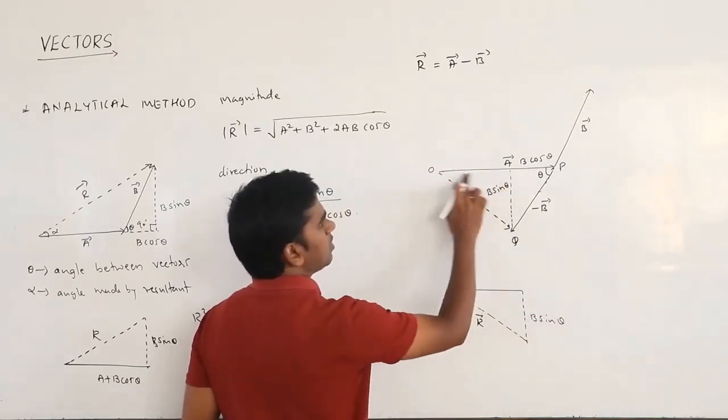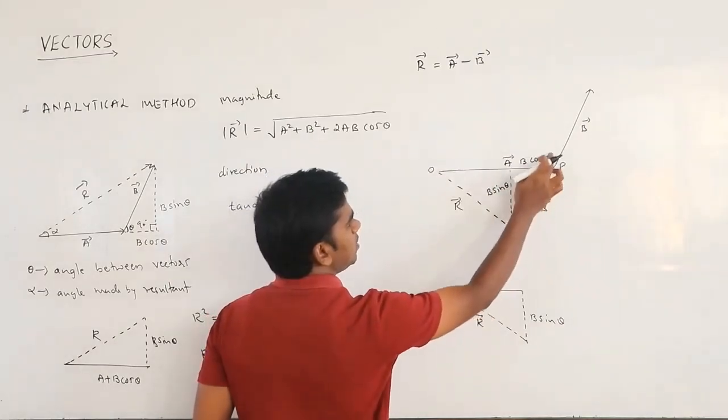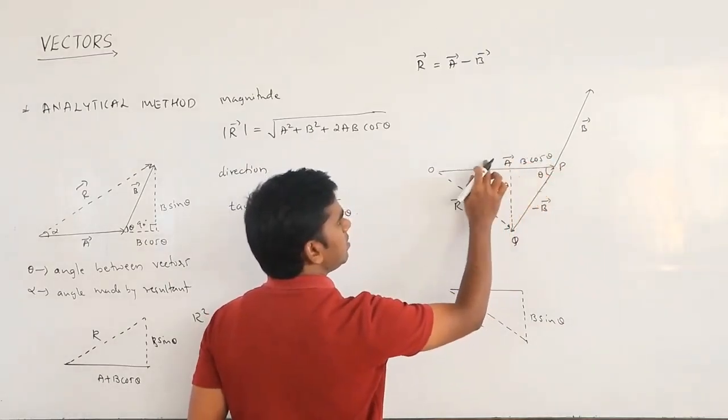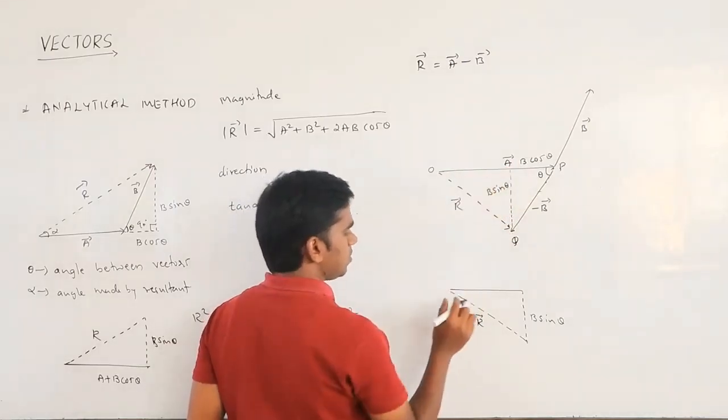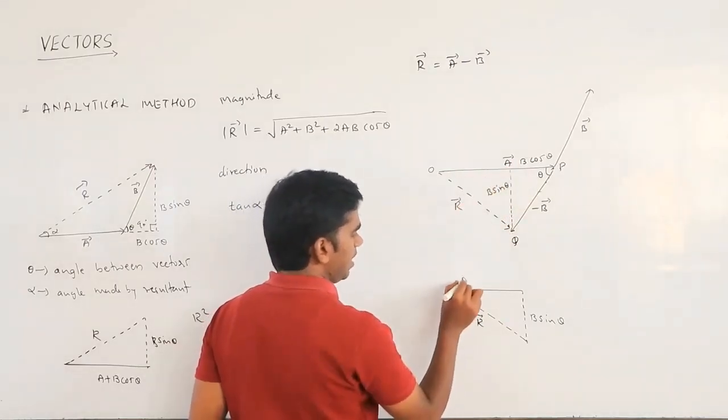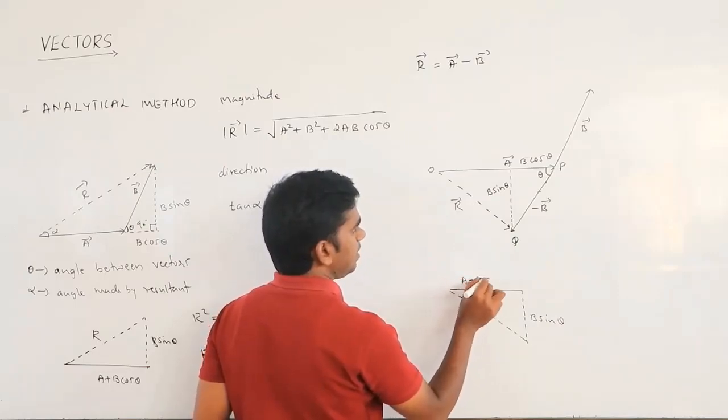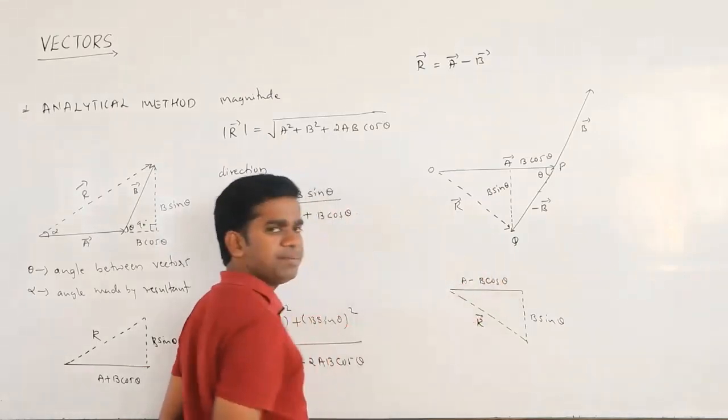What about this one? Total is A. You subtract this B cos theta from it. So this will become A minus B cos theta.